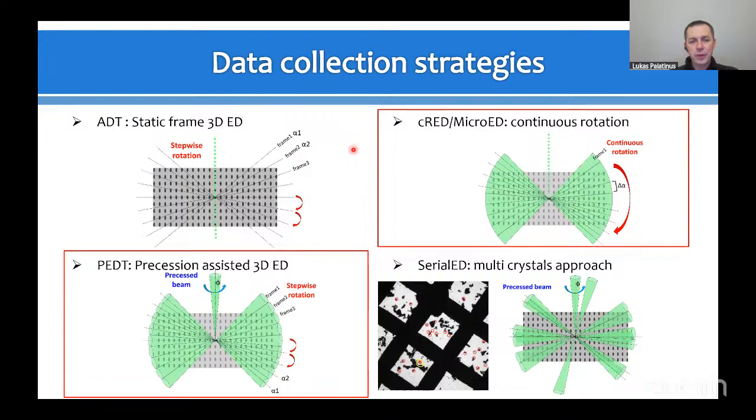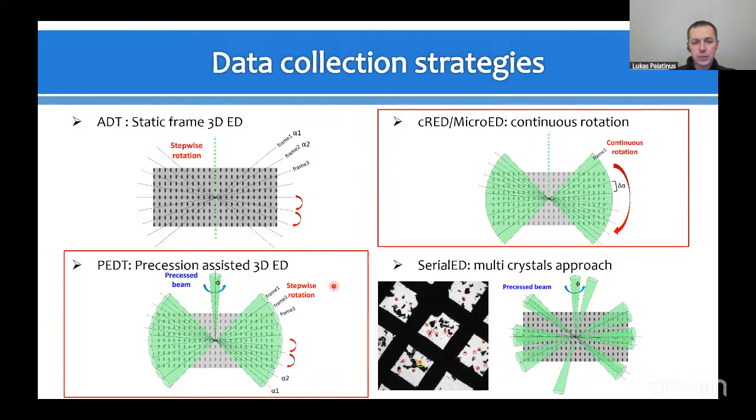Historically, the next one was precession-assisted 3D ED, or PEDT, precession electron diffraction tomography, where the gaps were filled by using precession electron diffraction, a technique where the beam is rotating around an axis on a small cone, typically with an opening angle of 1 degree. Then the intensities were already integrated during the experiment.